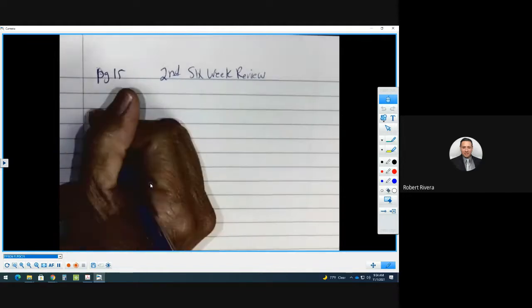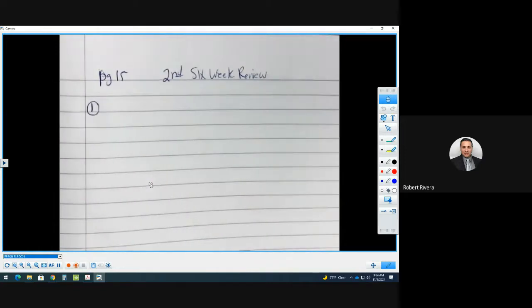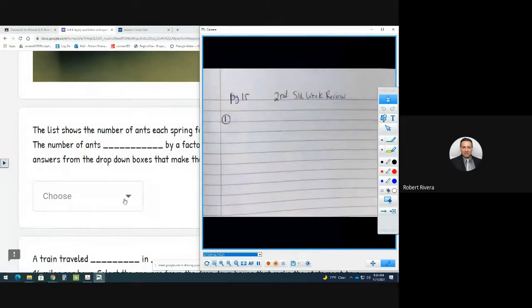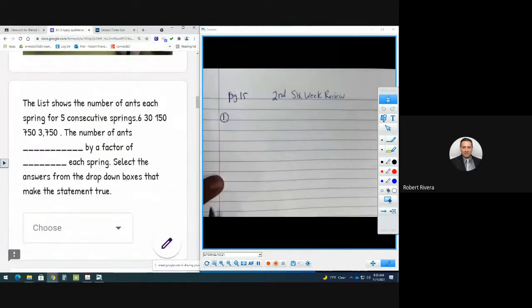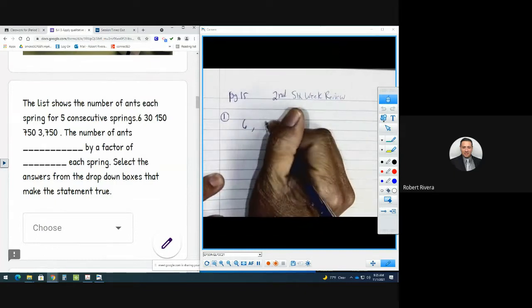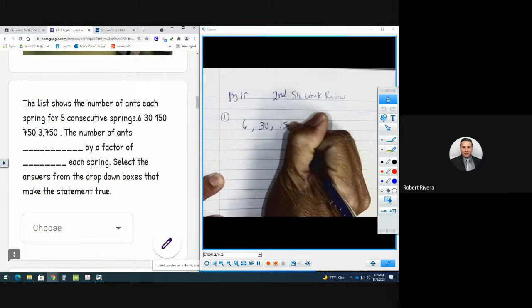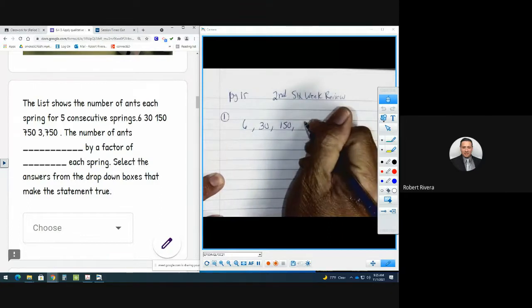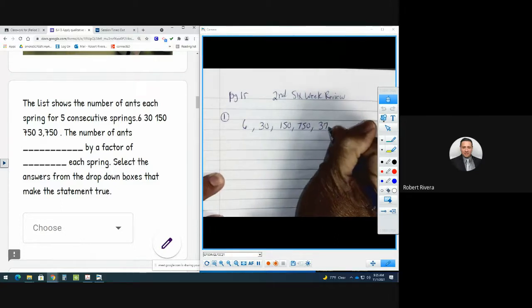So number one mentions that, I'll flip the screen so you can see what it's mentioning. Number one mentions that there was 6 first, and then it went to 30, and then it went to 150, then it went to 750, then it went to 3,750.